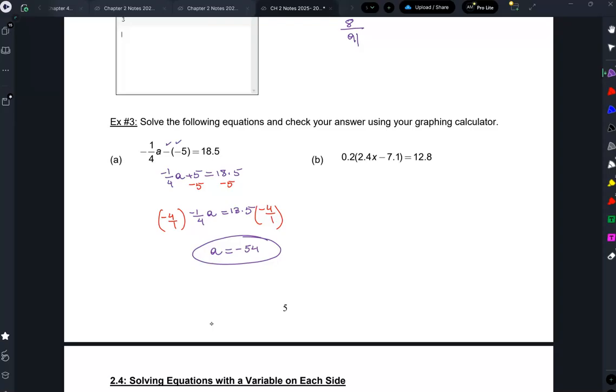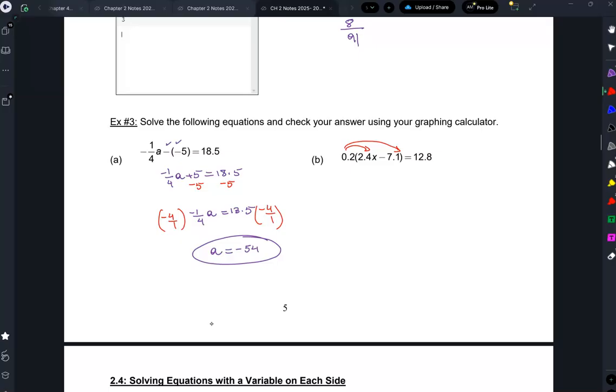Okay, here, take a look at what we're going to do. First, I have a 0.2 here. Let's distribute this inside.